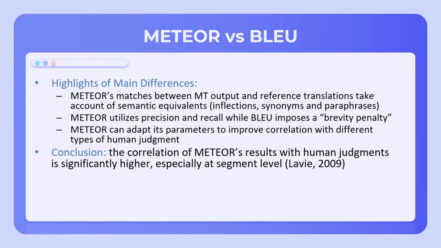METEOR also utilizes precision and recall, while BLEU imposes a brevity penalty. METEOR can adapt its parameters to improve correlation with different types of human judgment. Therefore, in conclusion, the correlation of METEOR's results with human judgments is significantly higher, especially at the level of segments.